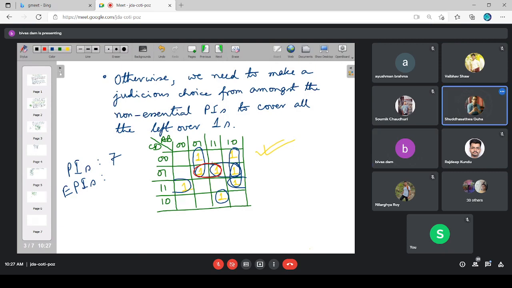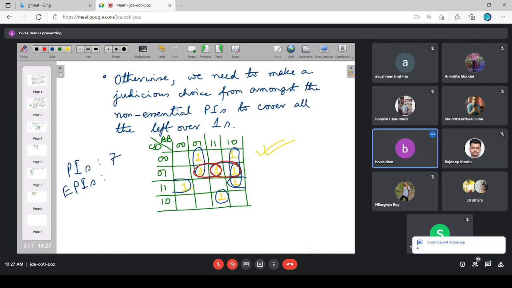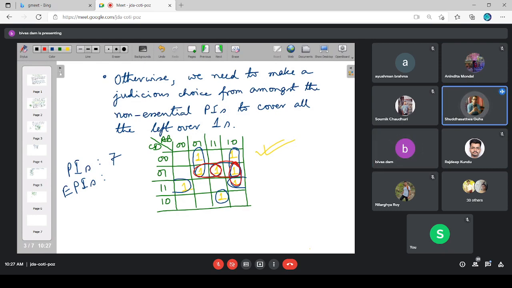So what about this? Sir, 4. Answer is 4. What about this one, Sudhir? Is it essential or non-essential? Non-essential, sir. What about this one? Sir, non-essential only.